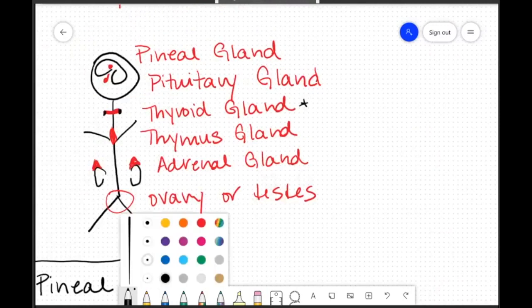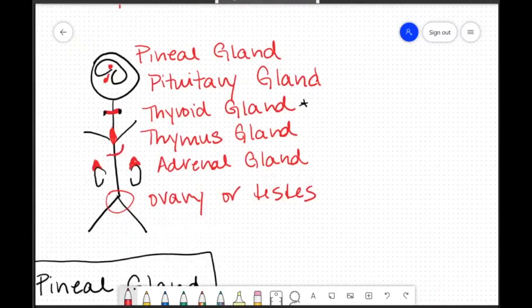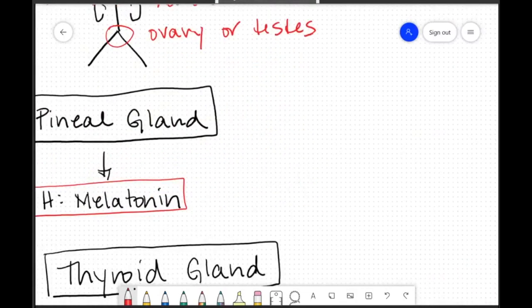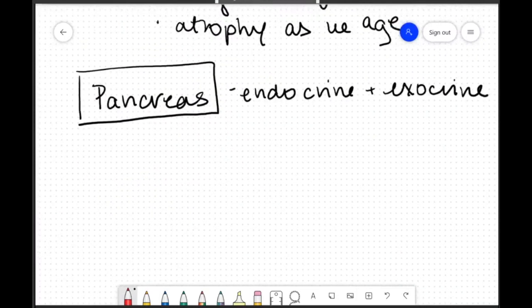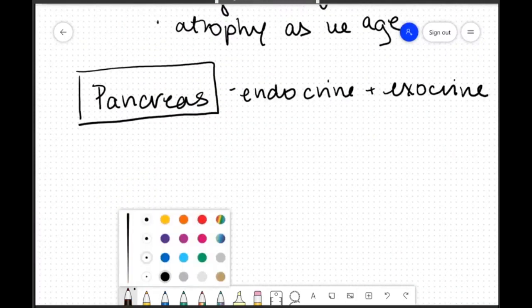Behind your stomach. So your pancreas is considered an endocrine and an exocrine. So it releases hormones both into a closed system, a ductless system, and it releases hormones into a system that is open and has ducts.